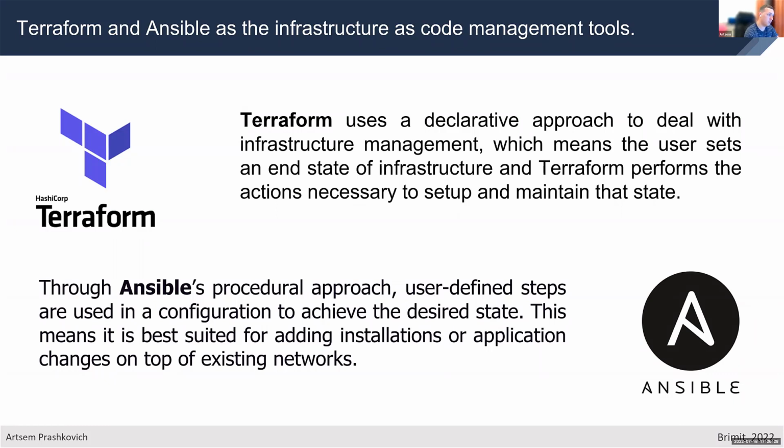At the same time, Ansible utilizes a procedural approach, where a user defines the steps that need to be done to achieve the desired state. That means it is best suited for adding installations or application changes on top of existing networks.